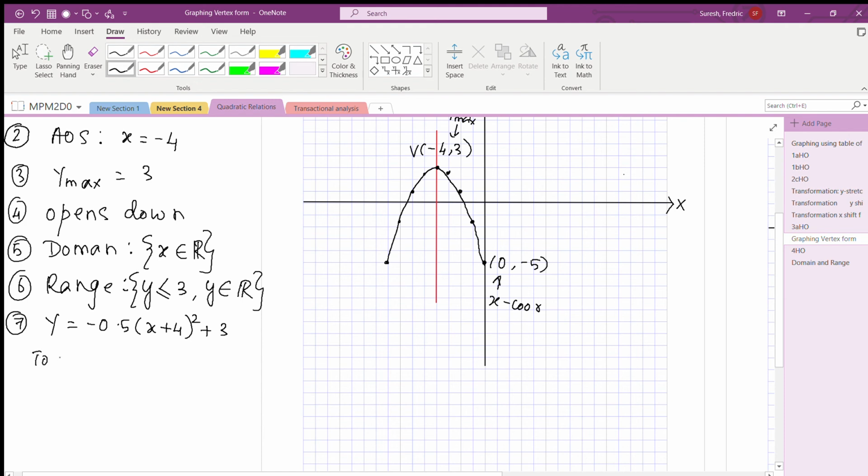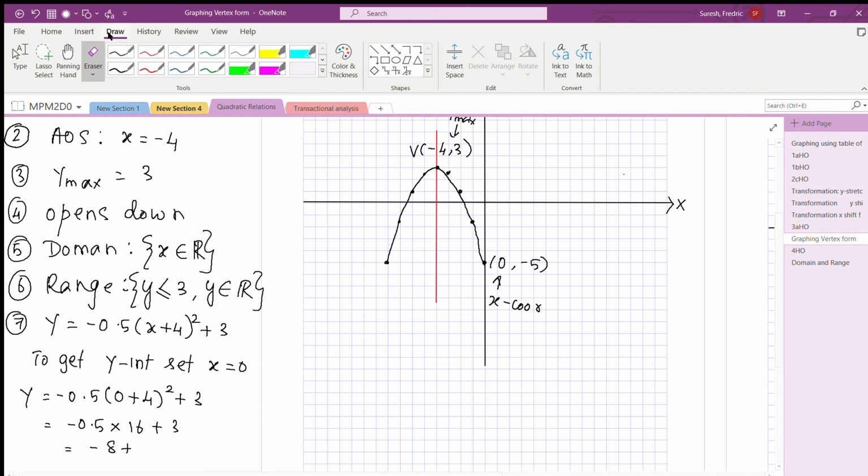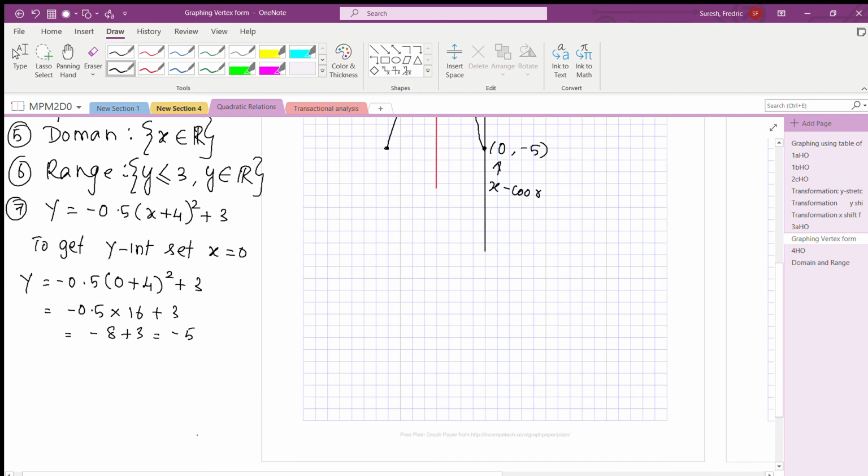This is the rule that you always follow: to get the y-intercept, we always set the x value to 0 in the equation. So set x equal to 0: -0.5 times (0 plus 4) squared plus 3. 0 plus 4 is 4. 4 to the power of 2 is 16, times -0.5 is -8, plus 3, and that is equal to -5, which is what you see in the graph.